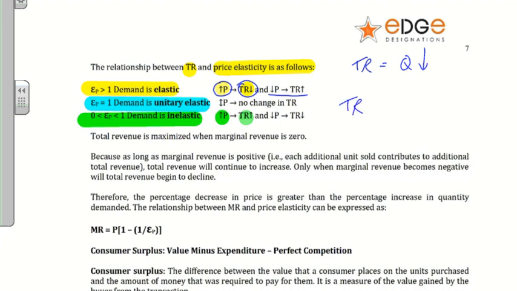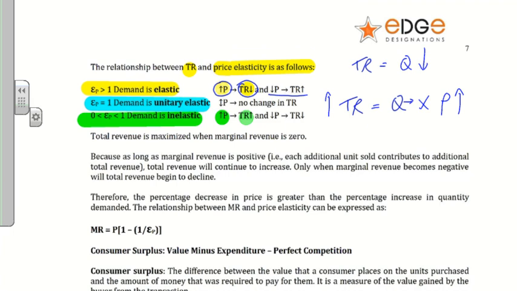Remember the elements included in total revenue: total revenue is equal to quantity times price. When it's completely inelastic, price goes up and quantity remains exactly the same, remember our example with diabetes and insulin. Therefore, total revenue will rise as well. Everybody comfortable with that?